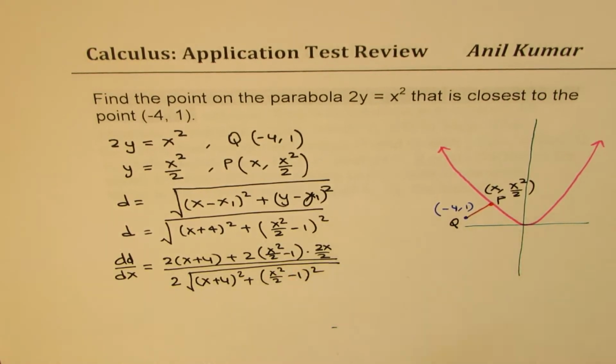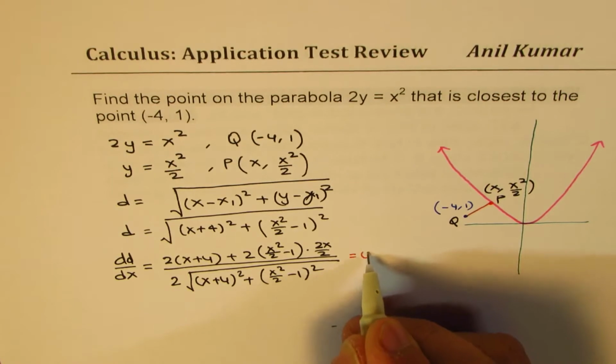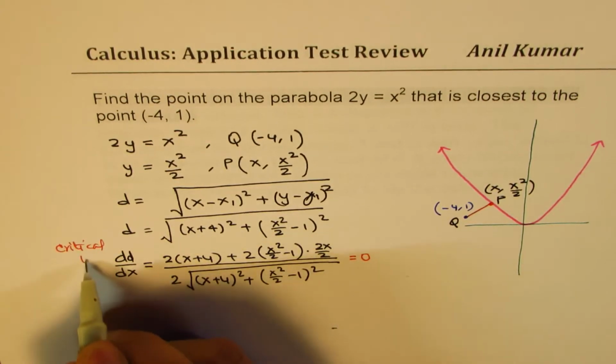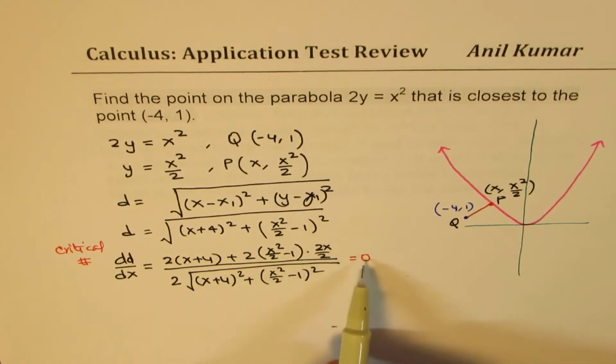And for minimum, distance closest means minimum, that should be equal to 0. So we'll find the critical number by equating this to 0. 0 really means that the numerator should be 0, correct?